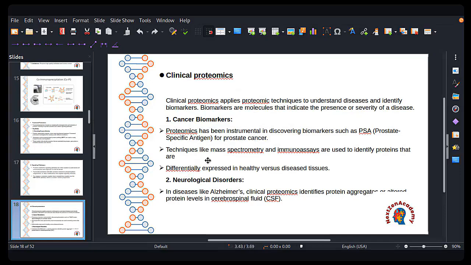Then techniques: we can use different techniques like MS and immunoassays, which are used to identify proteins that are responsible for these. I think this line is incomplete in my slide. Differentially expressed in healthy versus diseased tissues, right?